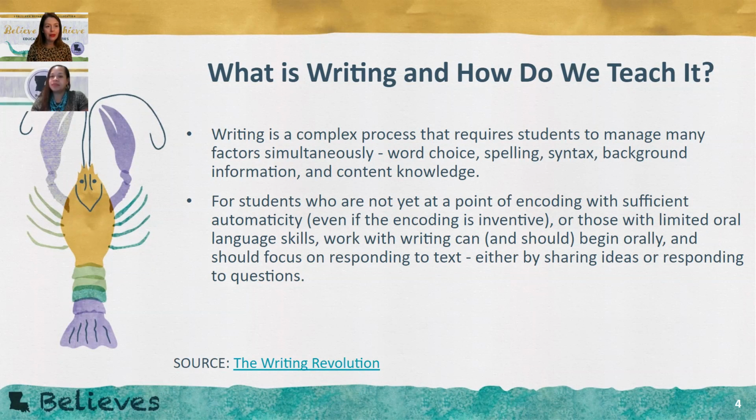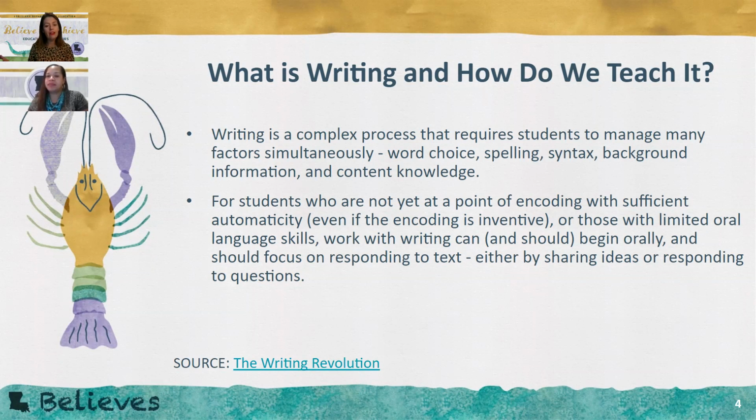Now, at the K-3 level, one of the biggest things that we deal with is the fact that our students are not at the point of encoding with sufficient automaticity. It's not a problem. That's just where they're at in their process to become skilled writers. So our students at this point at the K-3 level are really working to build their capacity to encode with automaticity.